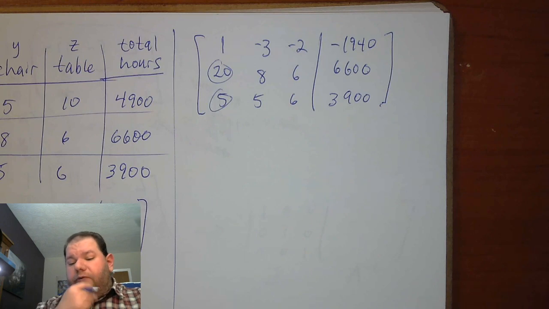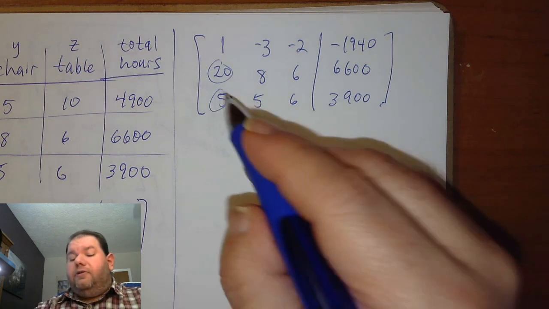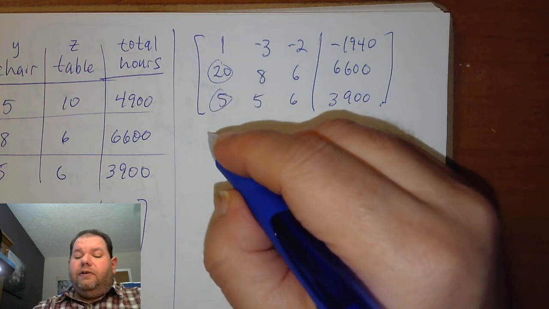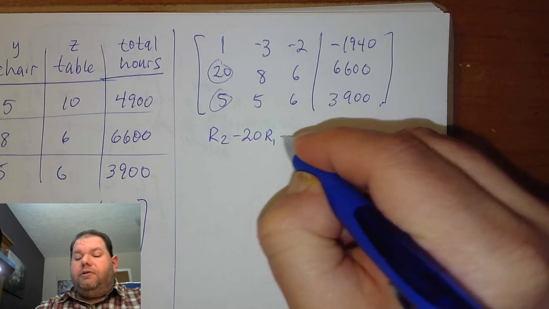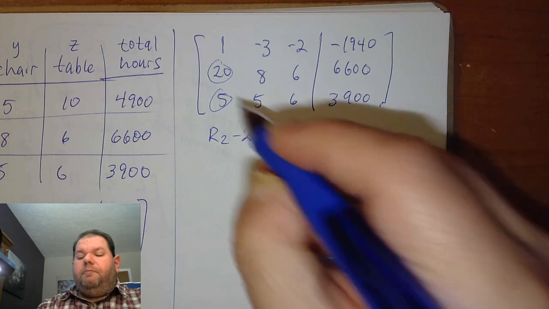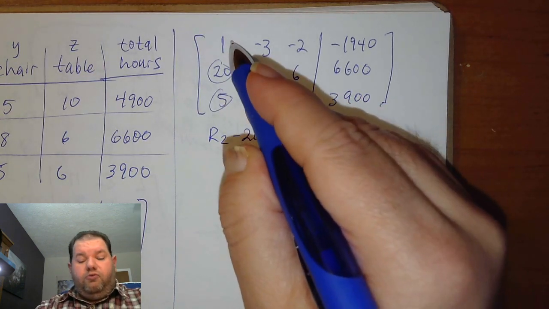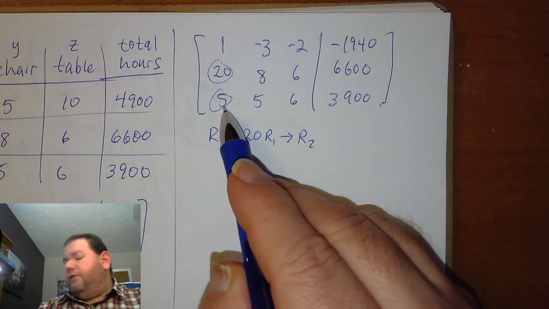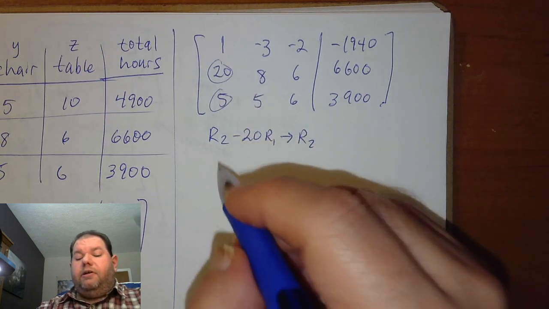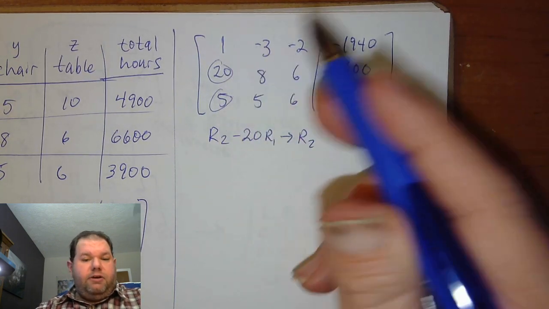Alright, so we need to zero out the 20. So let's take row 2 minus 20 times row 1. That'll give us 20 minus 20. And for row 3, we have a 5 there, so let's subtract 5 times row 1. So that 5 minus 5 would give us a 0.